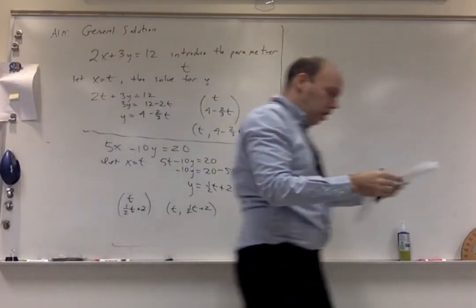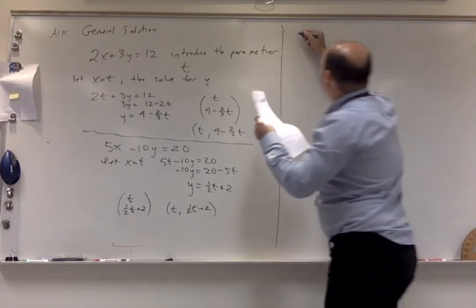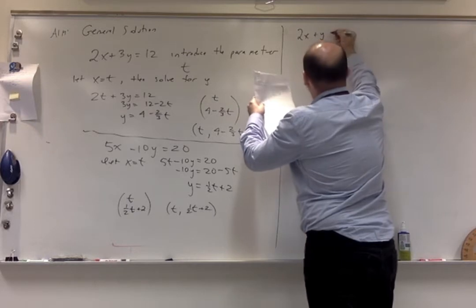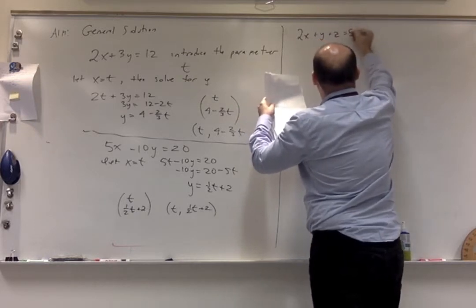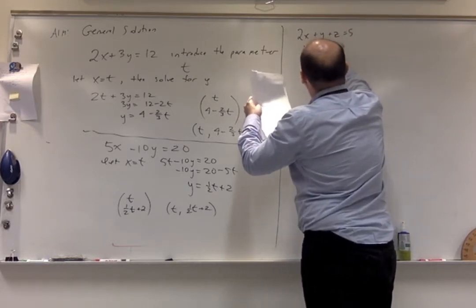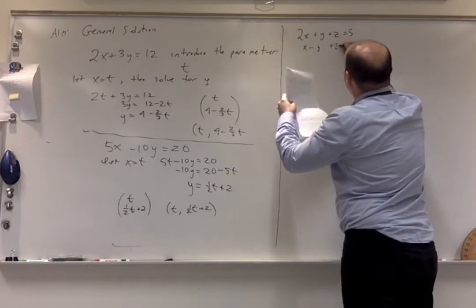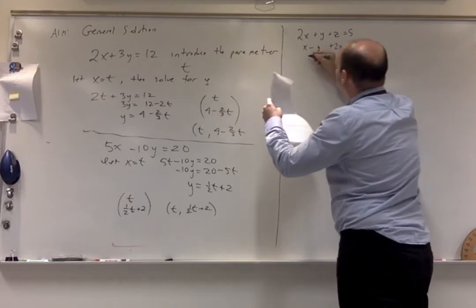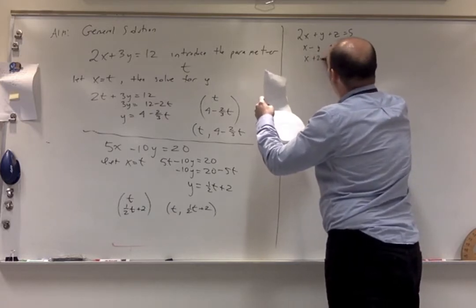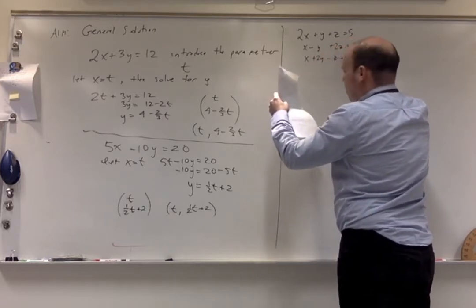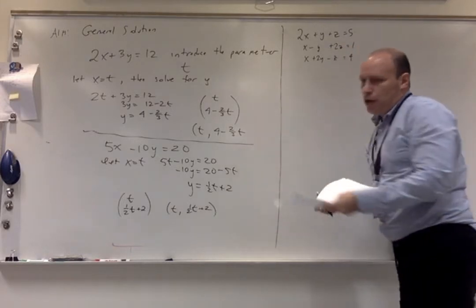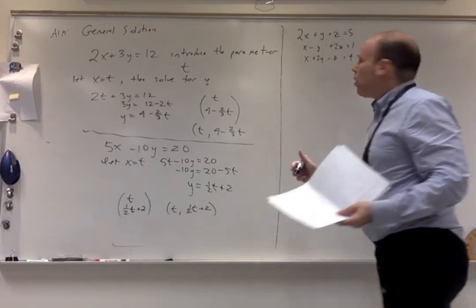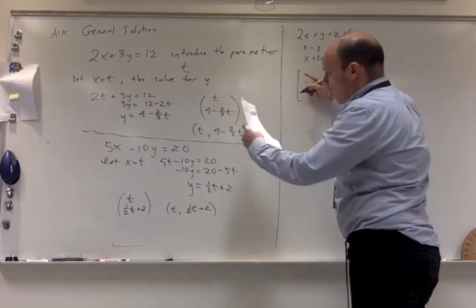For example, I gave you the system 2x plus y plus z equals 5, x minus y plus 2z equals 1, and x plus 2y minus z equals 4. I'm going to do it quickly. You can speed through the video if you want to do it on your own.